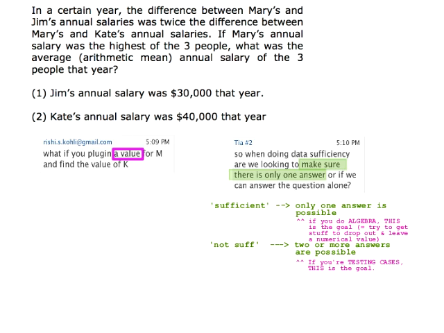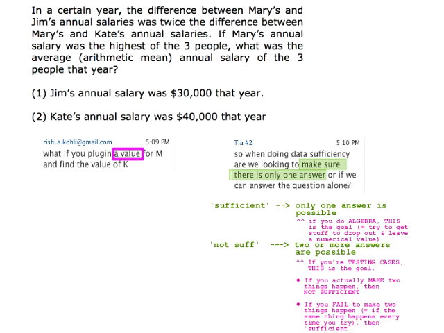If you actually make two things happen, then not sufficient. And if you fail to make two things happen, in other words, if the same thing happens every time you test a case, then you basically just give up and say sufficient.